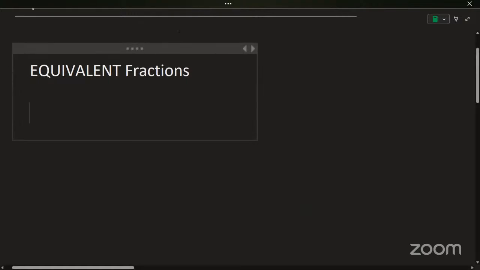What are equivalent fractions? Nivi, what are equivalent fractions? Should I write it down and then explain? Okay, so equivalent fractions are fractions like this.